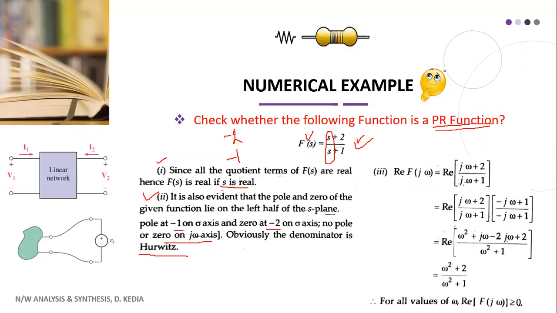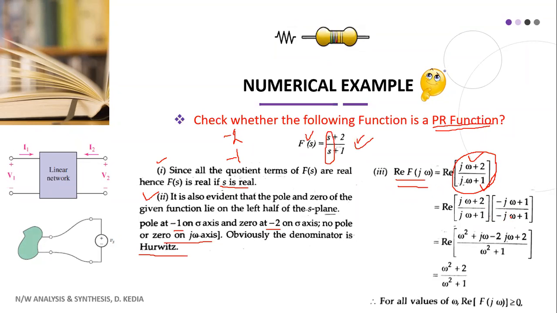Fine. So then the third condition that we talked about, we have to determine the real part of f(j omega). So what will be f(j omega)? You put s equal to j omega, we get (j omega plus 2) divided by (j omega plus 1). You have to solve this and separate it into real and imaginary parts.